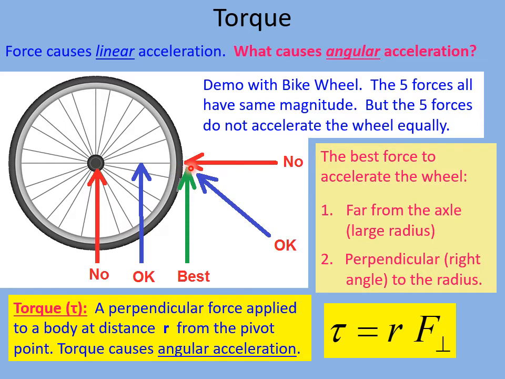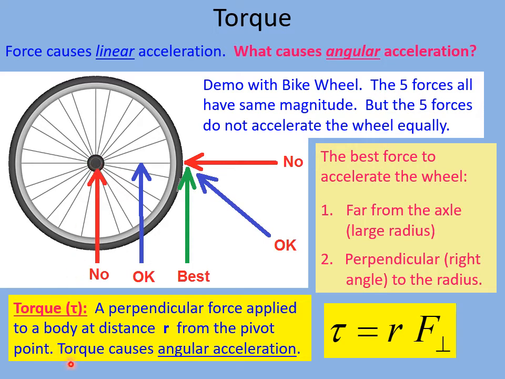So this is just like we talked about with the wrench. We want to be as far away from the axis of rotation as possible, and we also want to push at a right angle. So torque here is a perpendicular force applied to a body at a distance r from the pivot point, being the axis of rotation here.